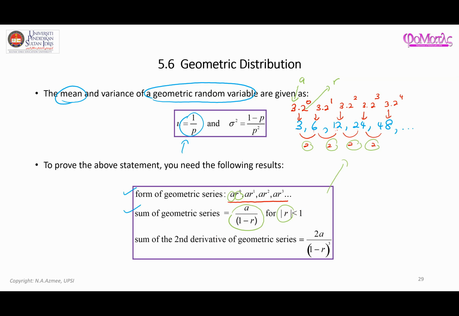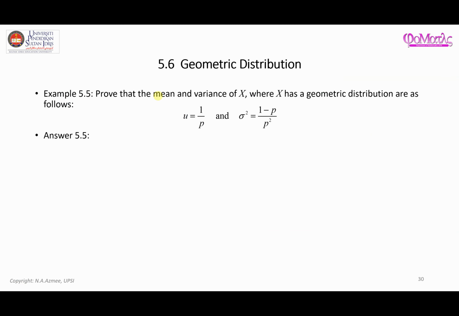Now let's move on and look at what we're supposed to do, which is to prove that the mean of a random variable x, where x has a geometric distribution, is given by the right hand side that we've got here, 1 over p.